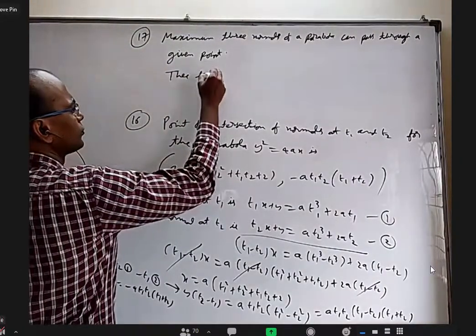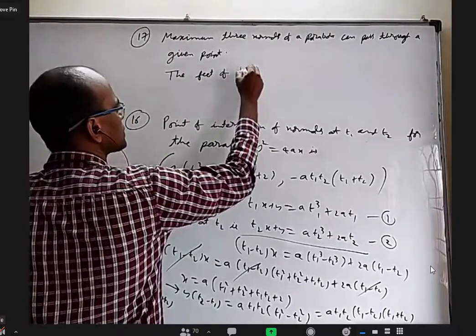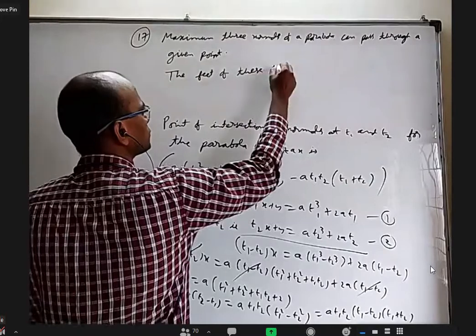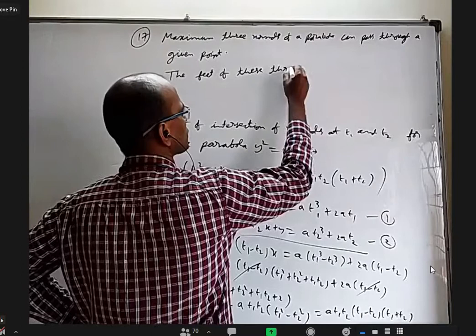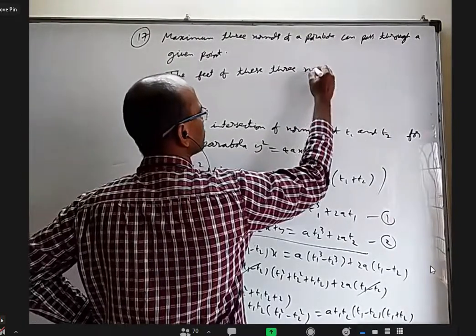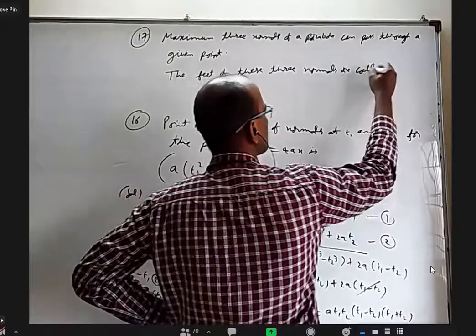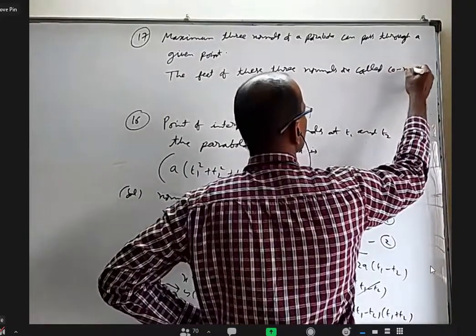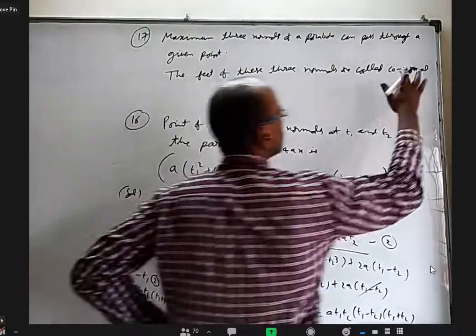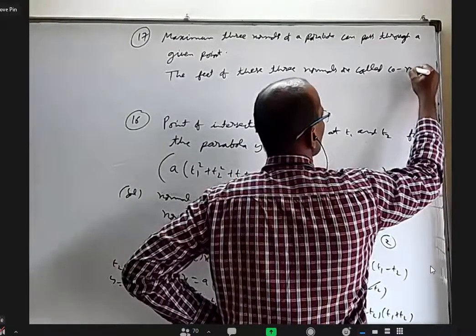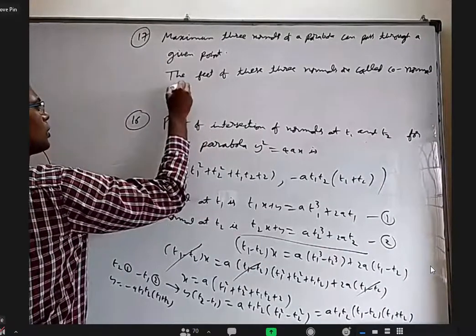The feet of these 3 normals are called co-normal points. Co-normal points. I'll explain all these statements.